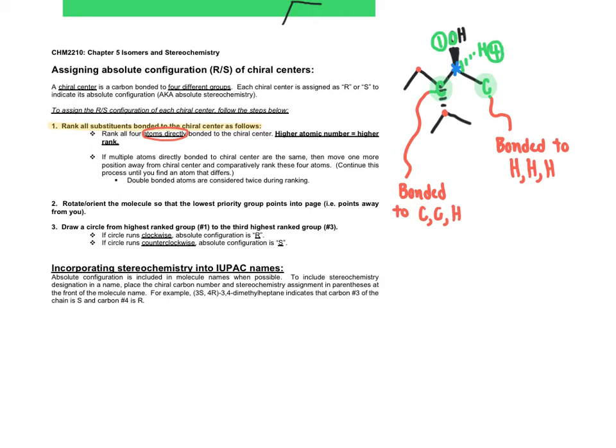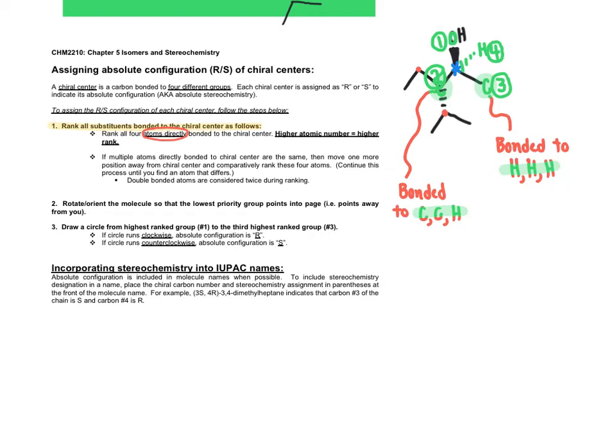So the one on the right is bonded to 3 H's, the one on the left is bonded to C, C, and H. Carbon is higher ranking than hydrogen because that has a higher atomic number, and so therefore the group on the left is the higher ranking group. So I'm going to plug that in as carbon number 2. We already established that the OH group was ranked number 1, so this is ranked number 2. Number 3 is going to be this methyl group, and number 4 is our hydrogen atom. So with that, we're taking care of step 1 here.